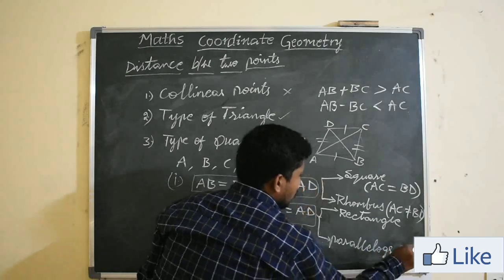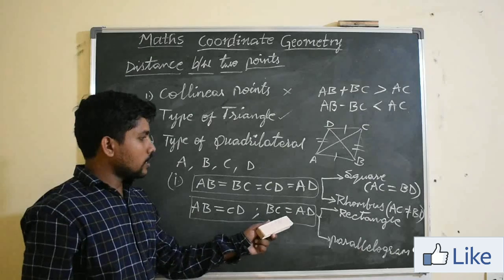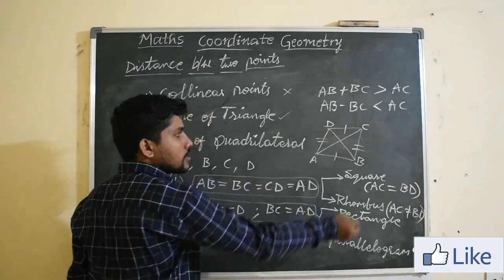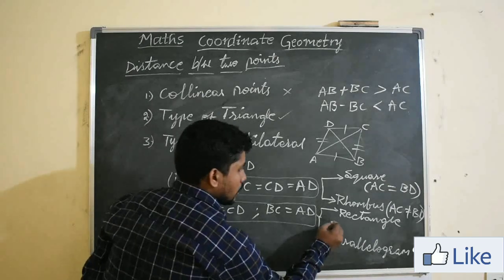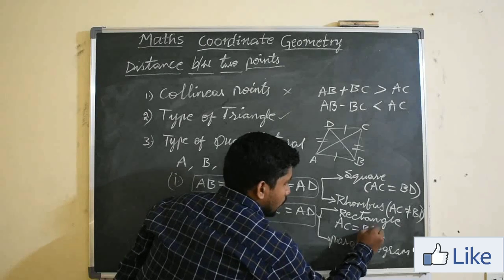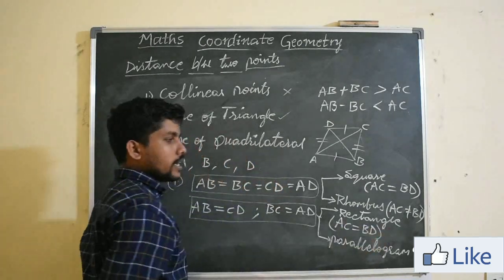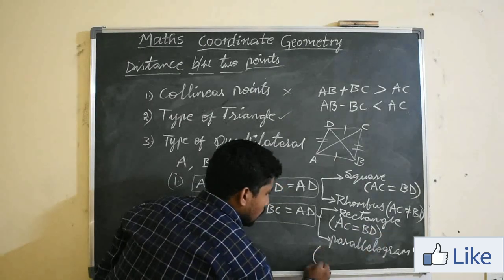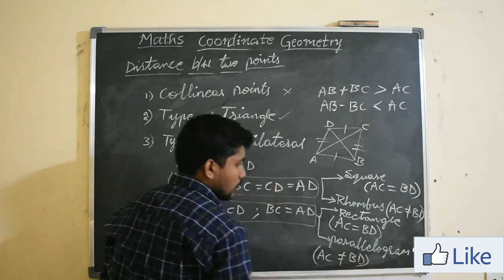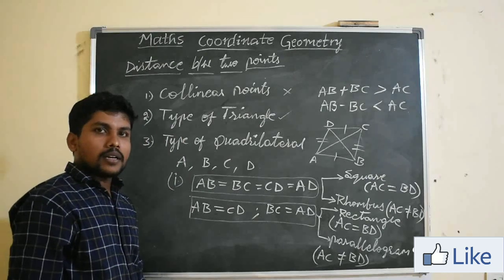To identify which, we again calculate the diagonal lengths. If the diagonal lengths are equal, that is AC is equal to BD, it is called a rectangle. If the diagonal lengths are not equal, it is called a parallelogram.